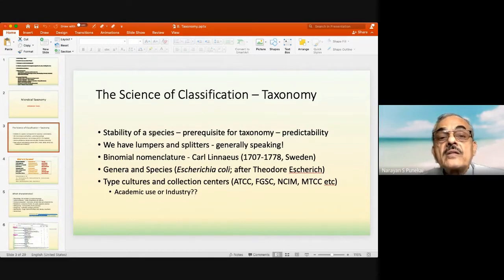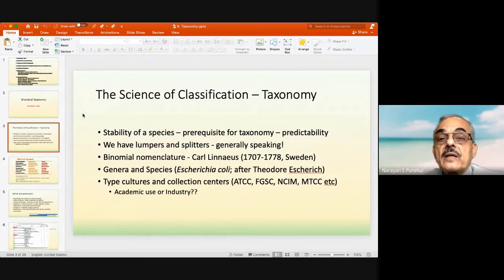All this classification, taxonomy as we call it, is very nice for large-scale living beings like plants and animals, because we can see their form and structure, and visually we can distinguish. But with bacteria, particularly microorganisms, it's not very easy.